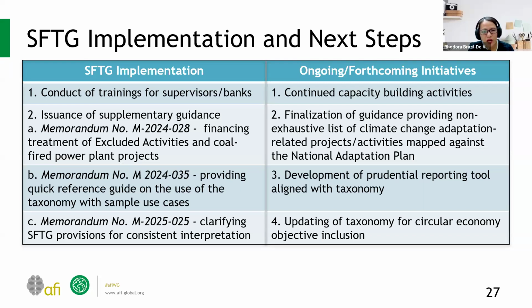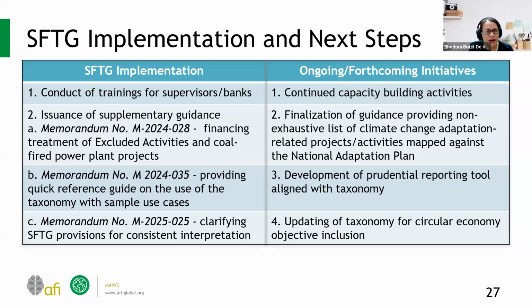We had to clarify the financing of excluded activities, because when people see the exclusion list in the document, there has been feedback that all these activities will not be financed anymore.